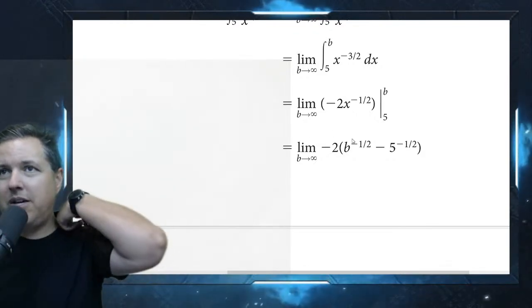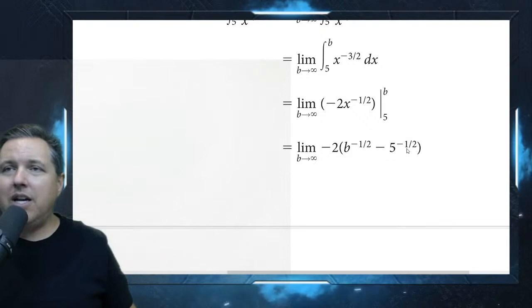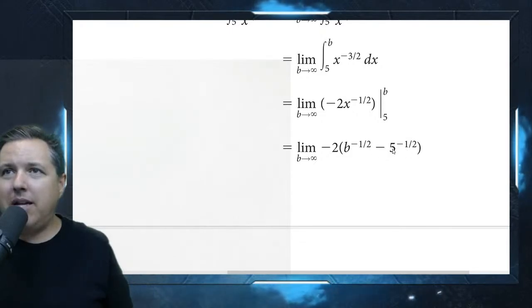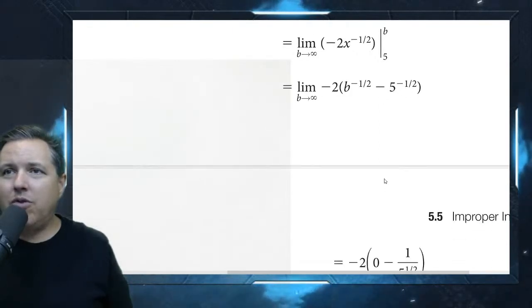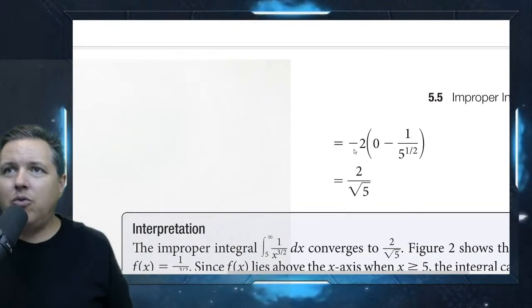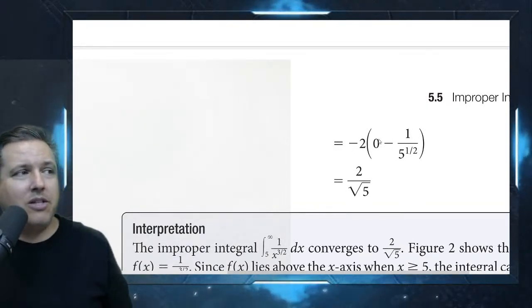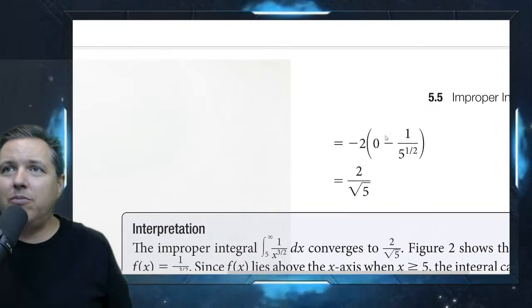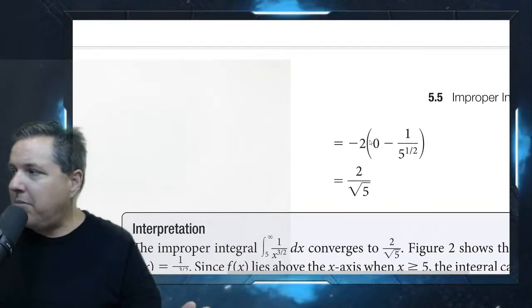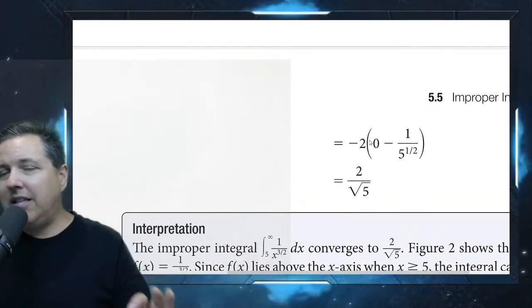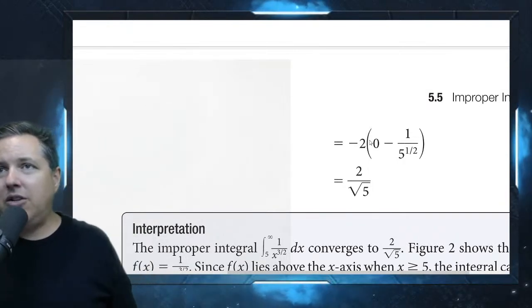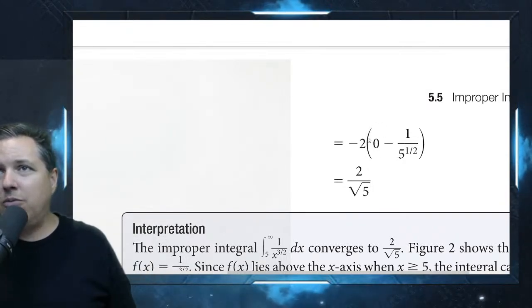So this first term becomes 0, and the second term becomes minus 1 over the square root of 5. We get negative 2 times 0, because the limit shrunk this term down to 0. No other terms had a b in it. So when we send the limit as b goes to infinity, it only affects the terms with b in it.